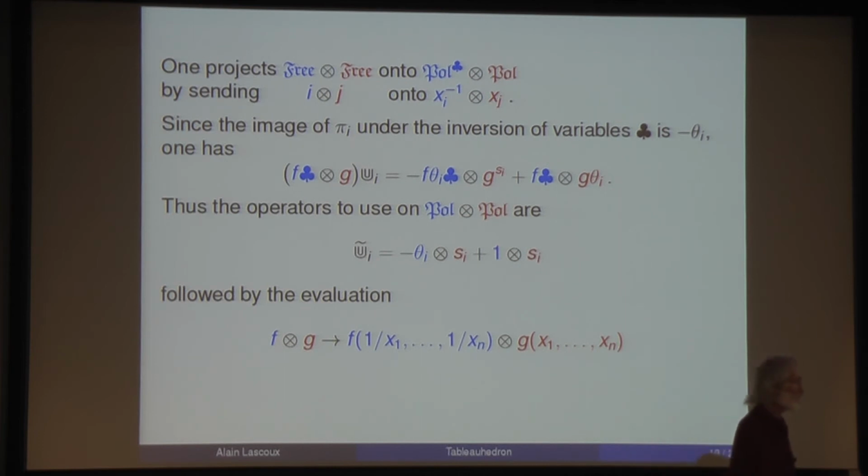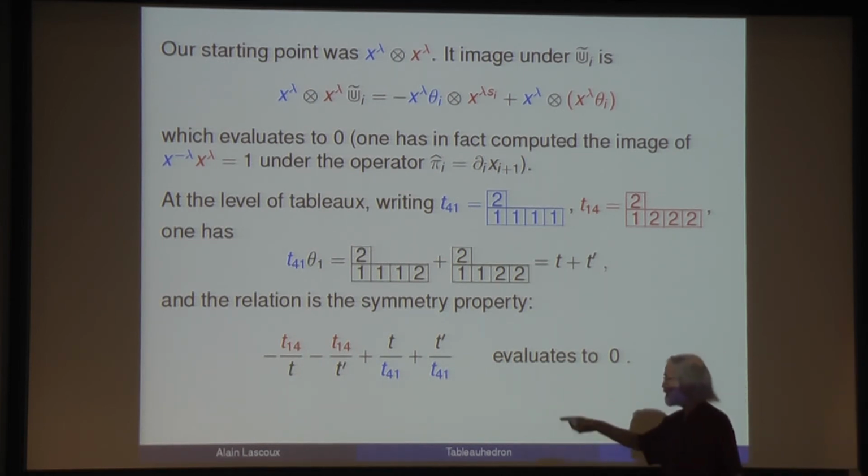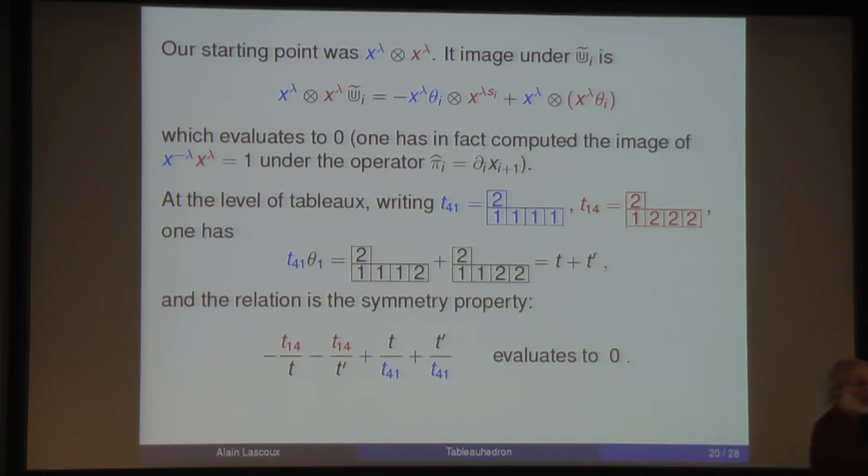And now the Eulerian property can be rewritten keeping the evaluation of tableaux. So the identities that I wrote, that 1 plus 3 is equal to 2 times 2, rewrite, adding explicit tableaux, and what I add is this type of symmetry, that is to say if I take my two tableaux T and T prime, then I have the identity that T14 divided by T plus T14 divided by T prime.